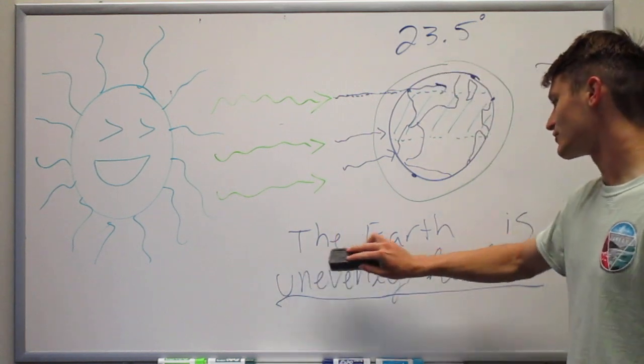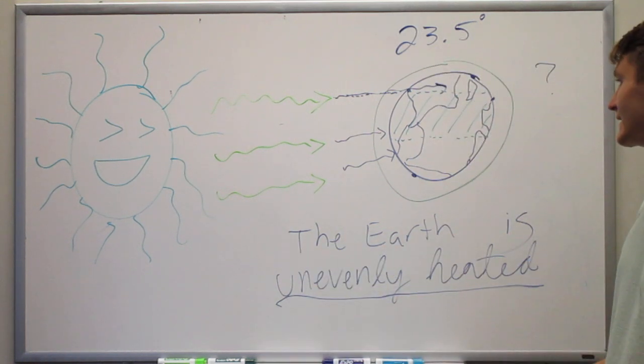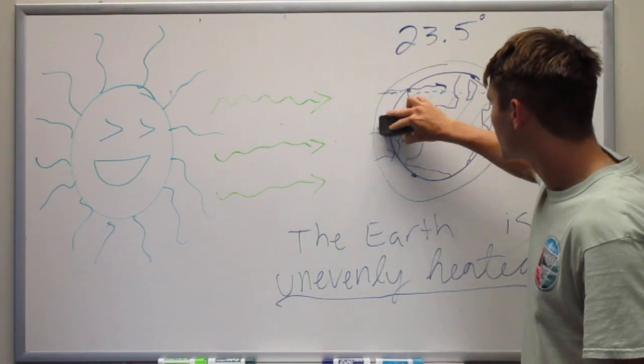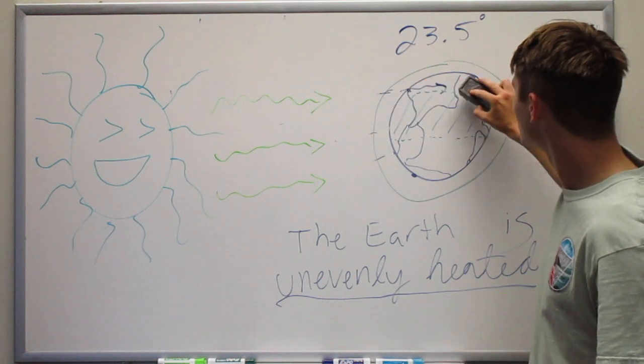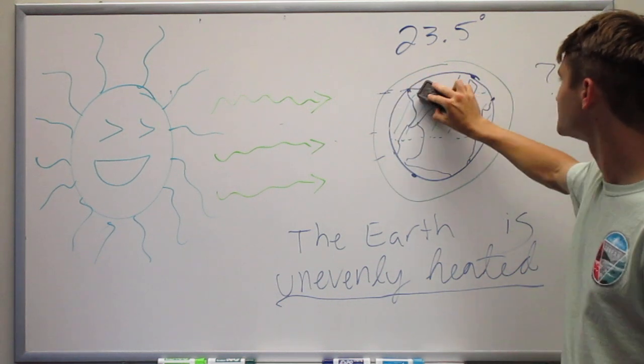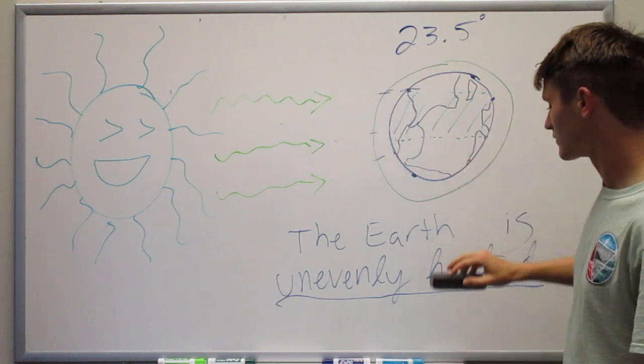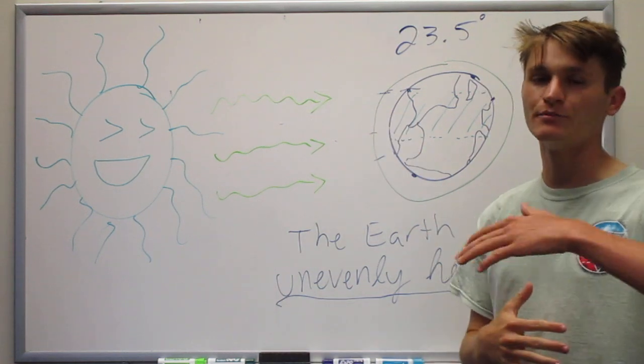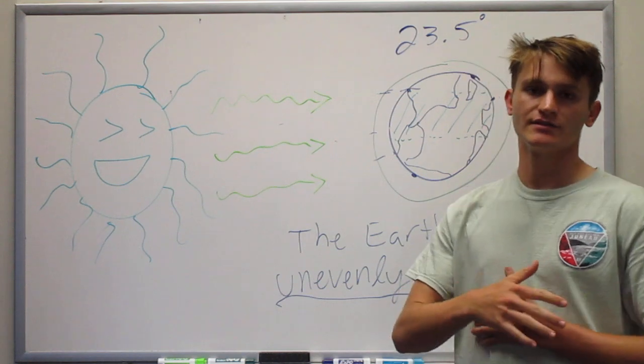So this is extremely important, that Earth is unevenly heated. So let's go on to say, I'll give another example. So we have, and this is another important part, that we have seasons in our temperate zones.